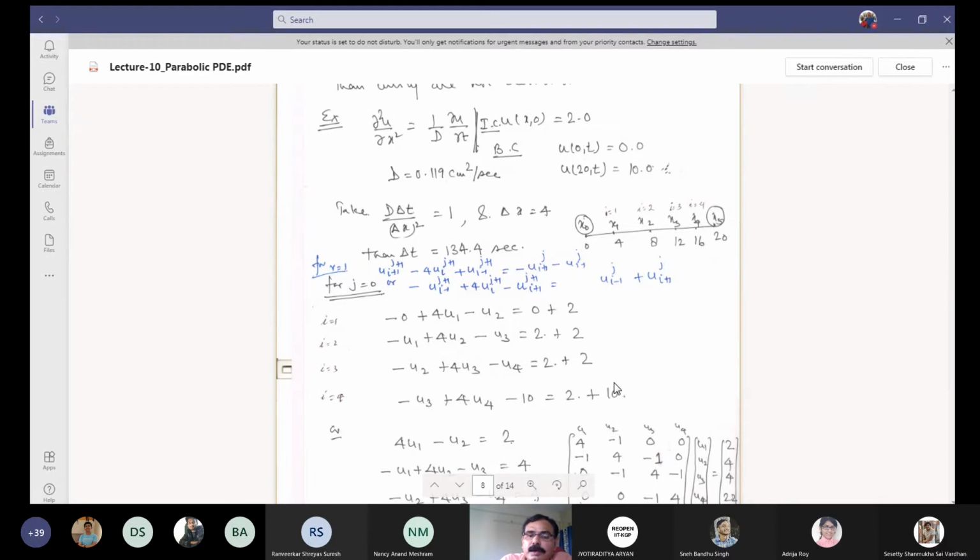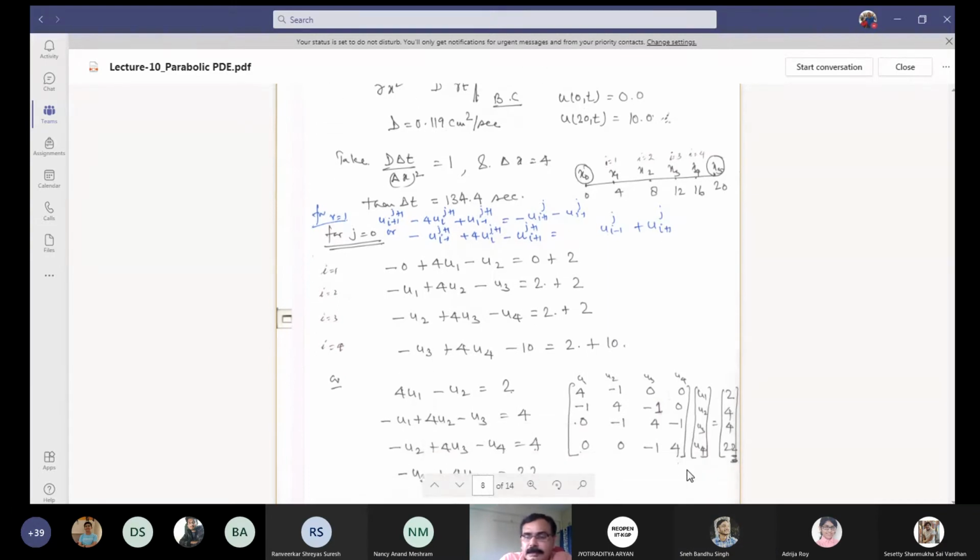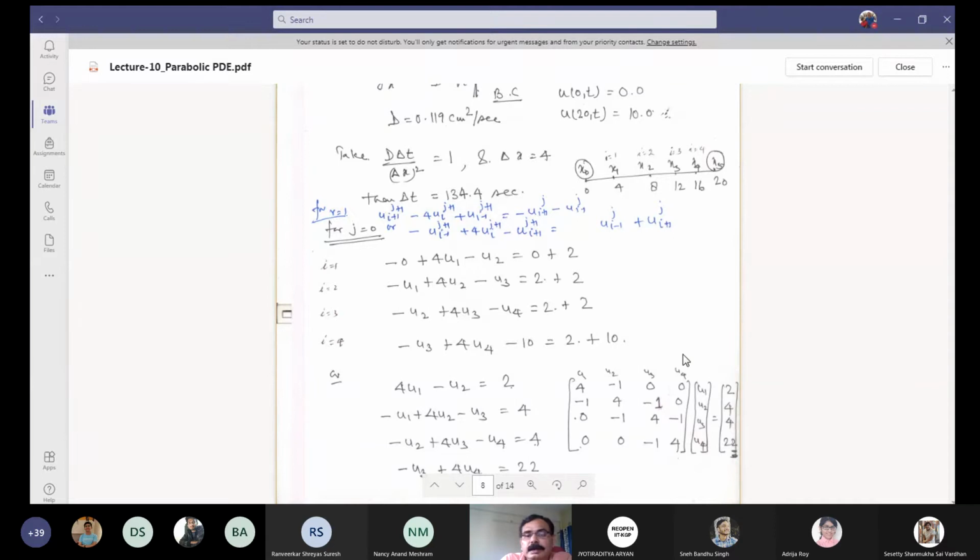So instead of 10, here it will be 6. Is that right? Yes, sir. Now you solve it. Here this has to be modified. So it will be 1, and then here it will be 6 plus 2, 8. No, 8 plus 10, 18. It will be 18. This 10 is also taken on the other side.